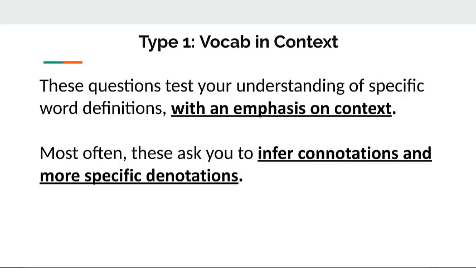So these questions are going to ask you to infer connotation, associated meanings, or more specific denotations. What does it actually mean? And with that kind of question, it may be a word that has multiple meanings, and they are asking you to identify the meaning being used in that particular context.